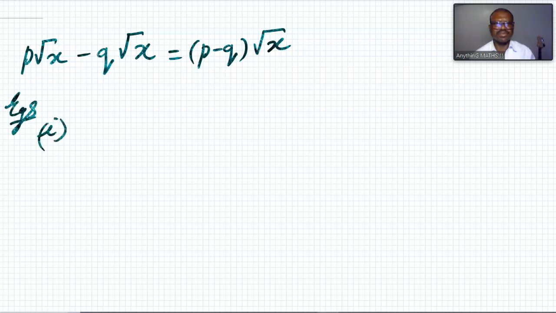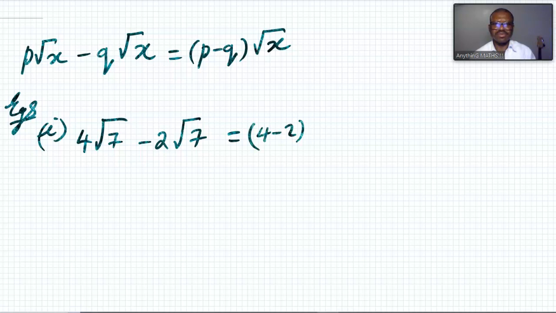First example, we got 4 root 7 minus 2 root 7. Now they all have root 7, so there's no problem. All that you have to do is to apply 4 minus 2 root 7. Then you get 2 root 7. Okay.